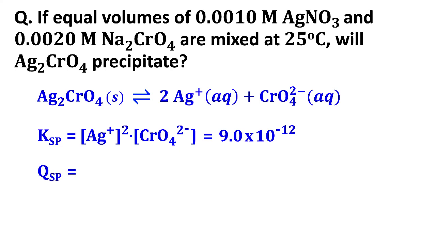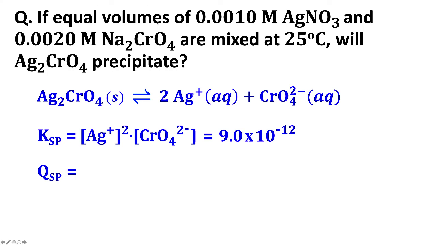We determine a reaction quotient Q and then compare it to the equilibrium constant K, and we can do that here as well. So we'll determine a Q sub SP, and the thing you do have to pay attention to is when you mix two aqueous solutions together, they dilute each other, and so their concentrations will actually decrease.